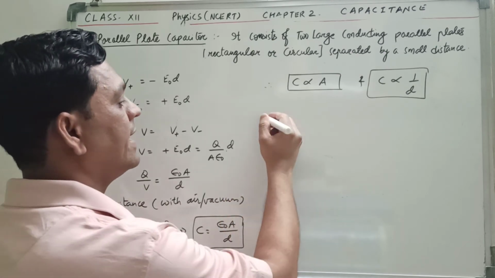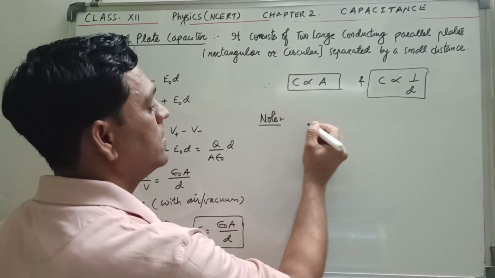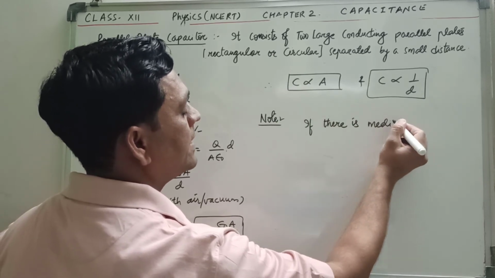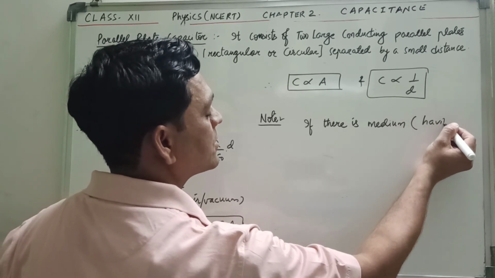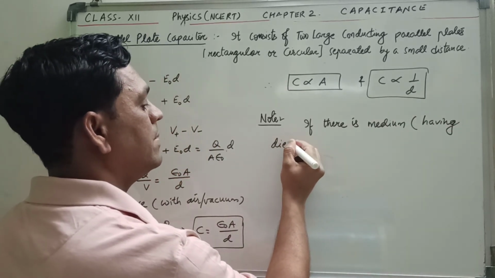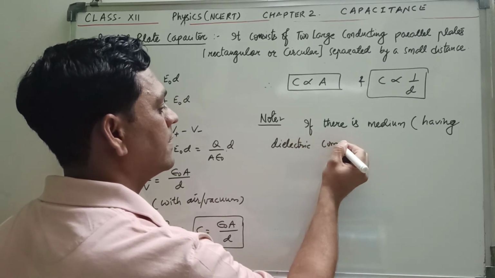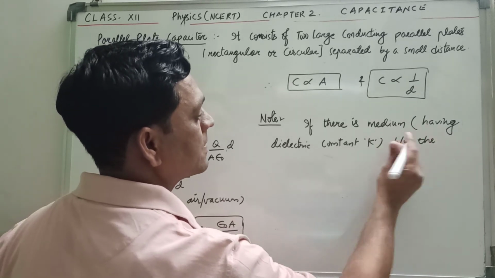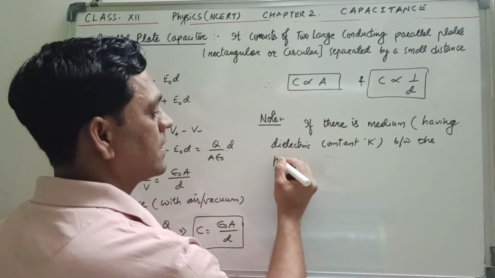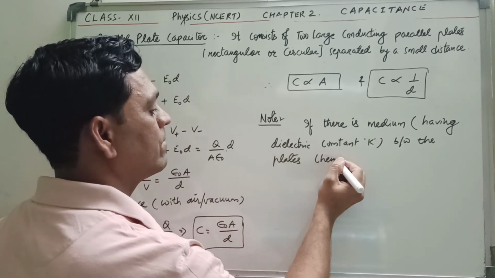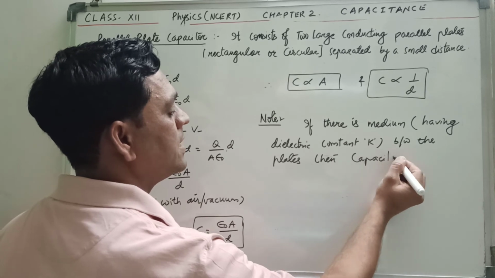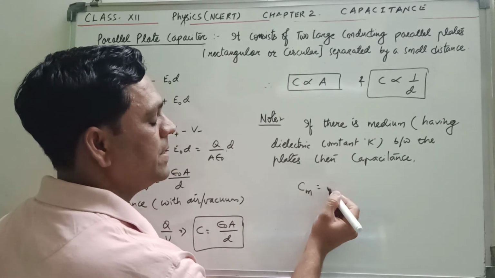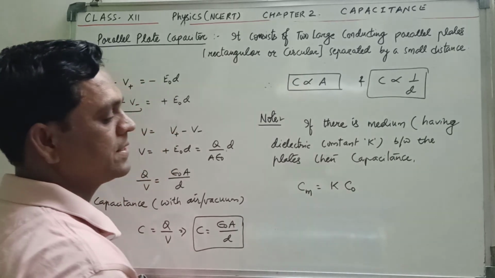And also, here I write a note, so you do remember this also. If there is a medium having dielectric constant K between the plates, then the capacitance will become, the result we will prove later on in this chapter only, Cm, that is with medium, is equal to K times the capacitance with vacuum only.